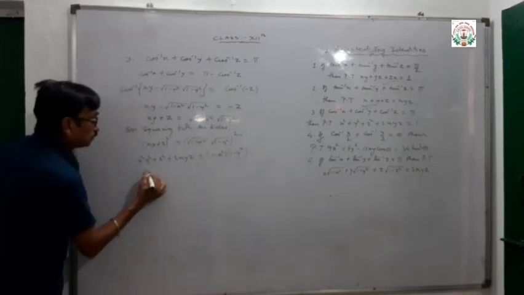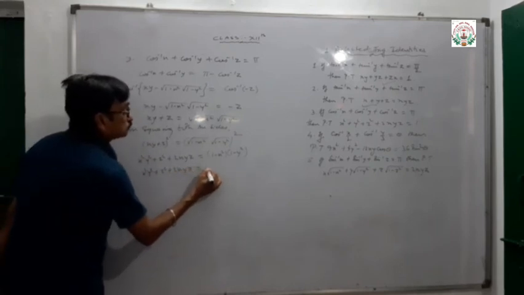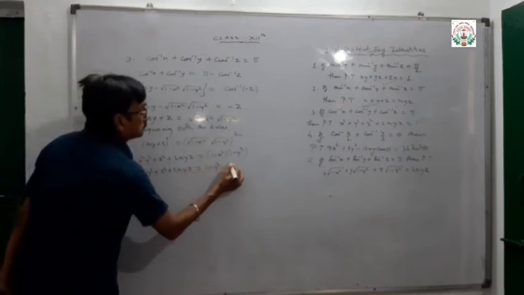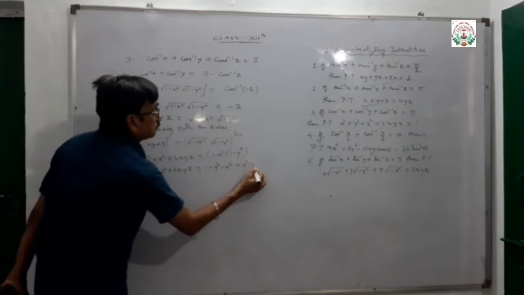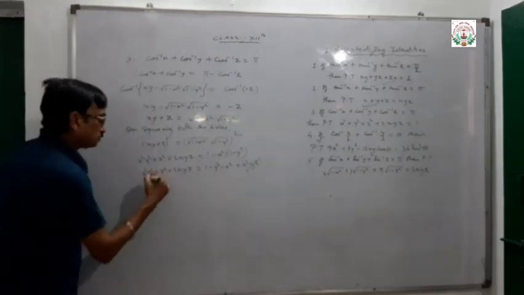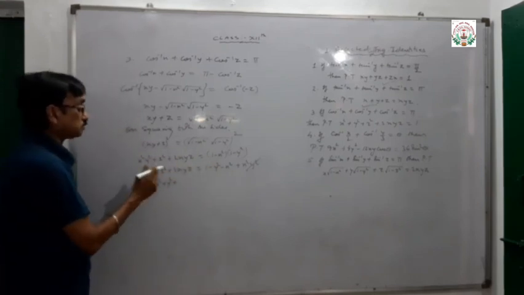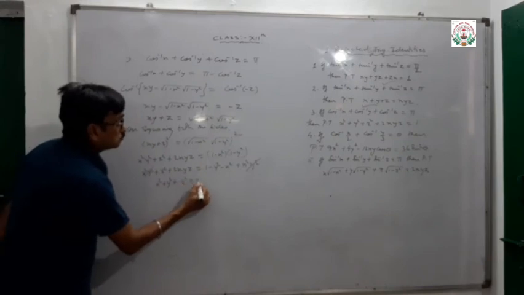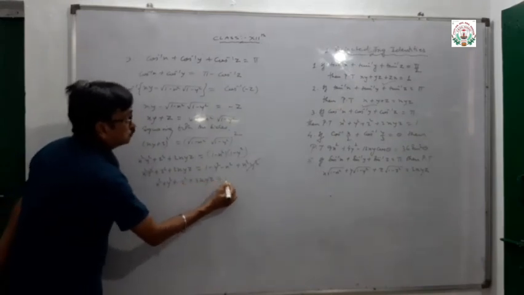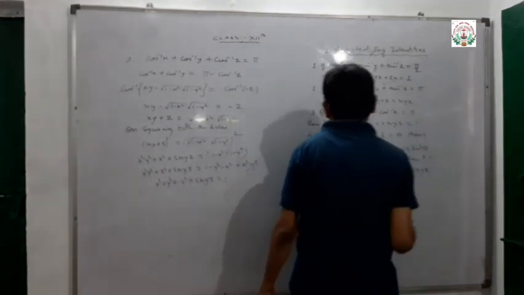So x square y square plus z square plus 2xyz equals 1 minus y square minus x square plus x square y square. Similar terms will be cancelled out, and now we transpose x square and y square towards the left. x square plus y square plus z square plus 2xyz is equal to 1. So that is our proof. So this proof we got.